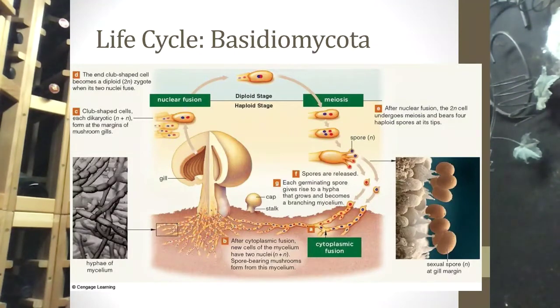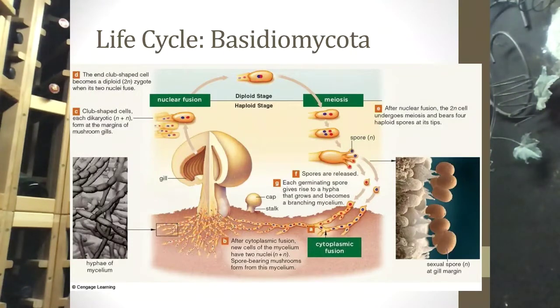So once again, the hyphae of compatible positive and negative hyphae grow together. They fuse, the cytoplasm fuses by plasmogamy, right? And that creates new cells for the mycelium that are N plus N because they start out haploid.